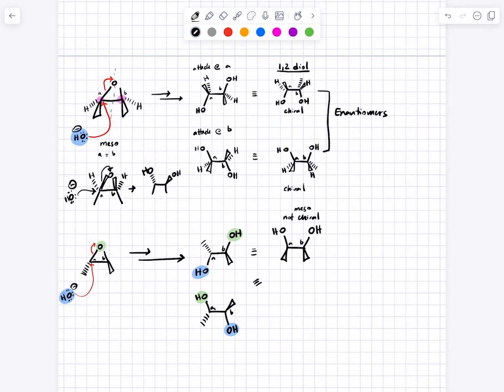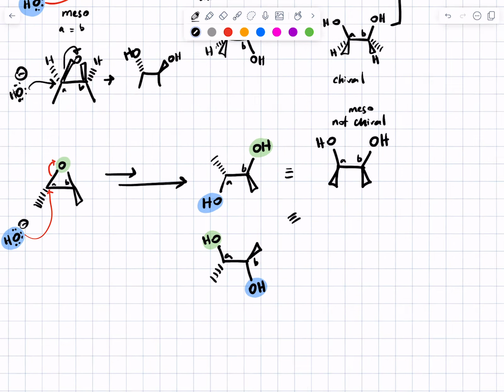1,2-diols? Yes? So you showed with the green OH group and the blue OH group, if we treat it the opposite way, with the green one being the one that joins instead of the blue one, it seems like the initial reaction would have the opposite stereochemical configuration. Okay, right.